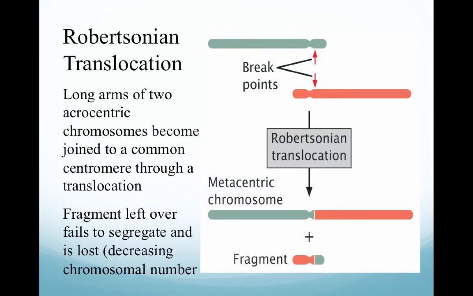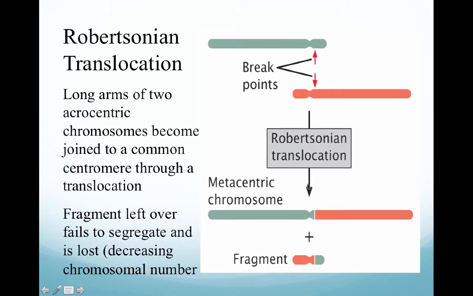So let's look more in depth at a Robertsonian translocation. This is where two long arms of acrocentric chromosomes are going to be joined together through a common centromere. Okay, so we've got two chromosomes that have a very long arm and a short arm around the centromere.